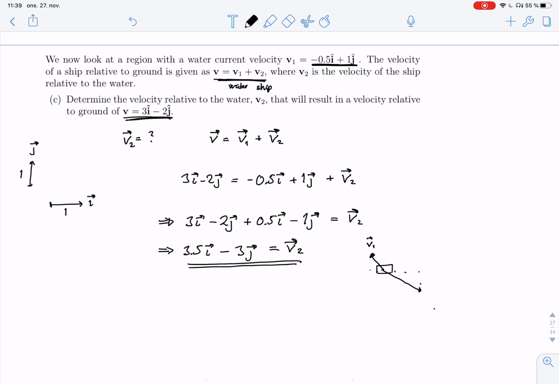This would be the relative one, and this one would be the ship's one. So instead of going at this speed here that we thought we would, and we would have done if the water was still, we're moving in this direction here because of the water dragging the ship a little bit back and northwards.